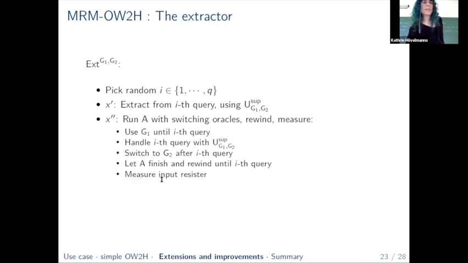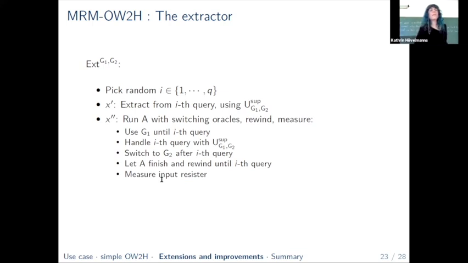In more detail. We will use the first oracle until the ith query. This will be handled with the evaluate then swap unitary. Afterwards, the extractor switches oracle access to G2. That's A finishing.